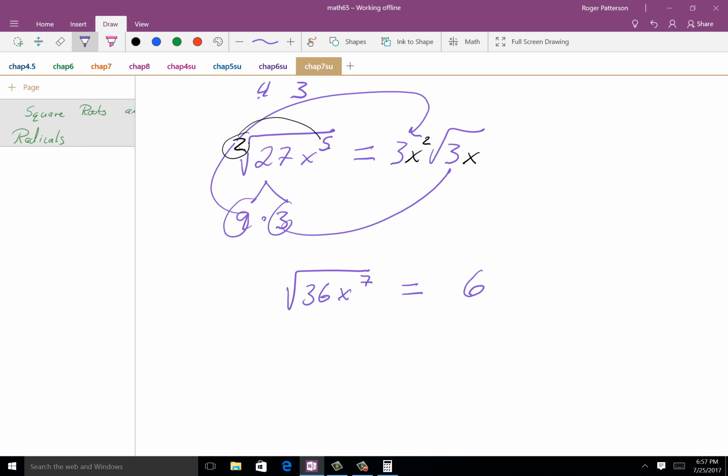Now we've got that 2. 2 goes into 7 how many times? 3 times, with how much left over? 1. So we're going to get an x to the 3rd outside, and square root of x inside. We don't have any numbers inside because the square root of 36 is 6, so we don't have to break that one down.